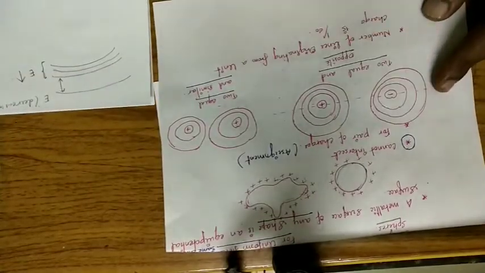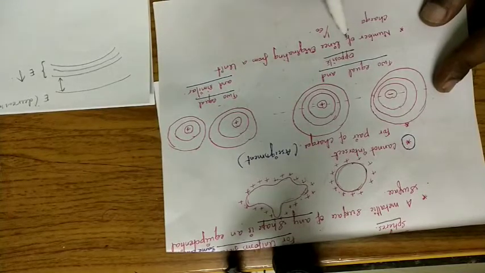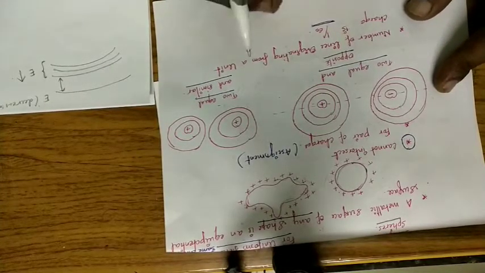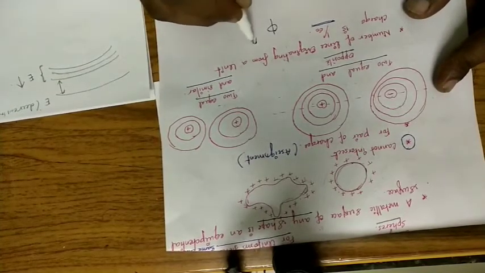We haven't started a law that I was mentioning, named Gauss law. So if at all they ask you for 1 coulomb of charge, the number of lines originating from a unit charge is 1 by epsilon naught. The number of lines is generally denoted by the symbol phi.